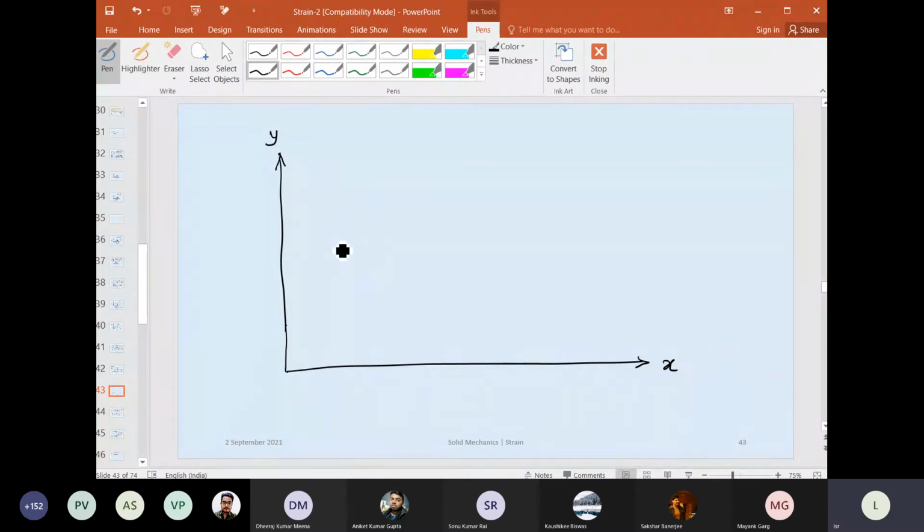Now let us say we have got some small element. This is delta x, this is delta y. That is what we started.